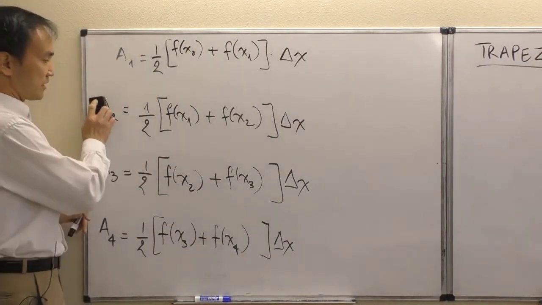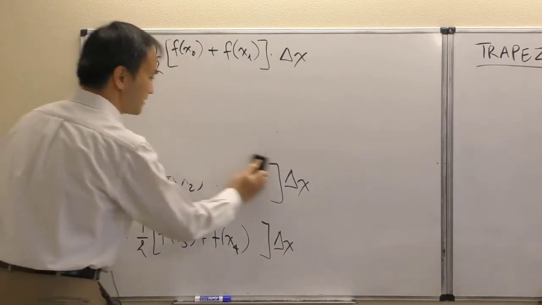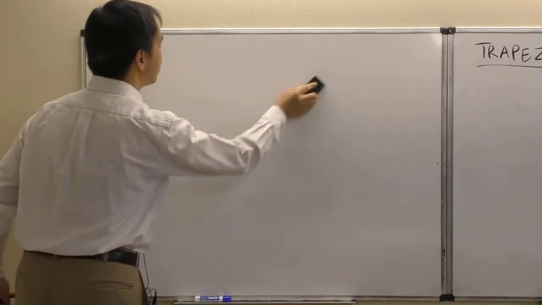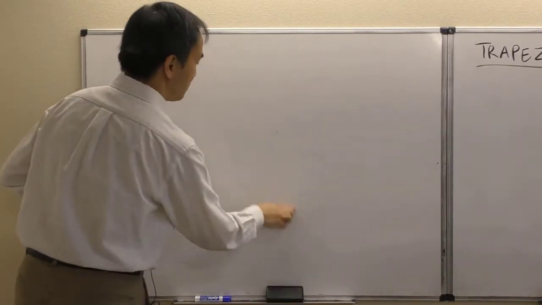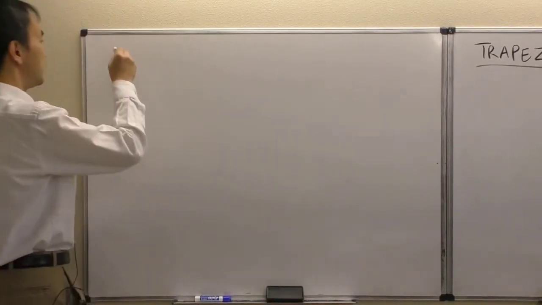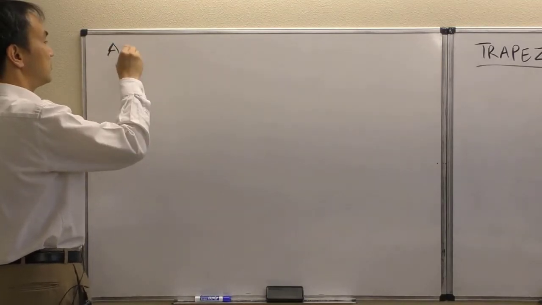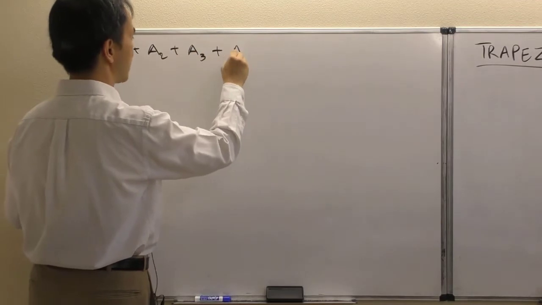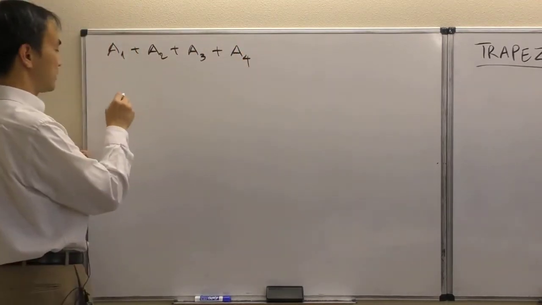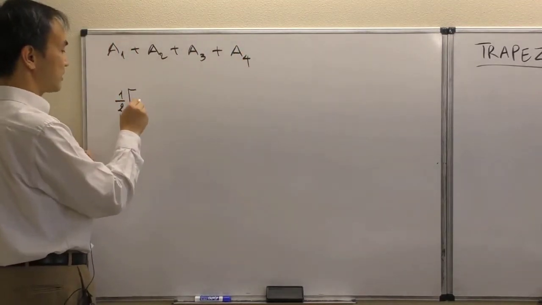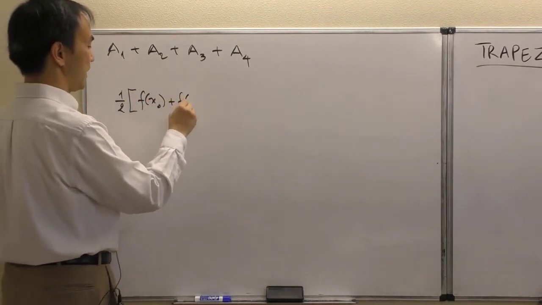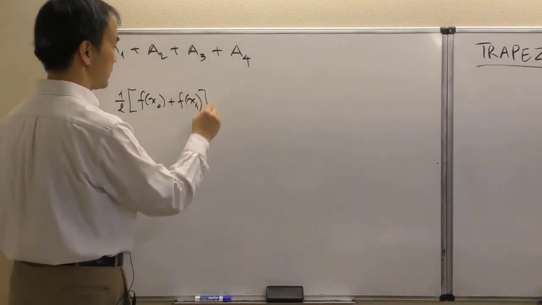Okay, so go ahead and take note on that. Now A1 plus A2 plus A3 plus A4, that's the next step. So that means it's 1/2 times, now allow me to write small, f of x0 plus f of x1, times delta x.